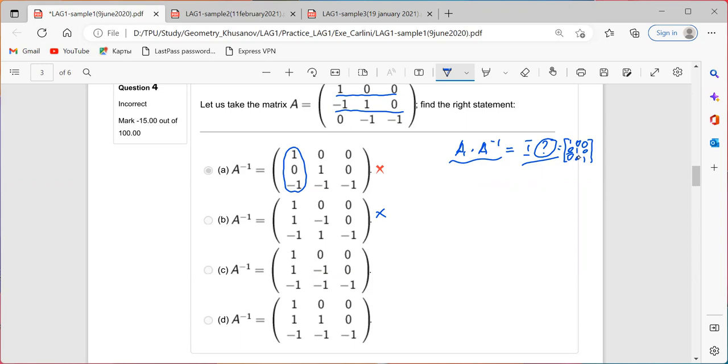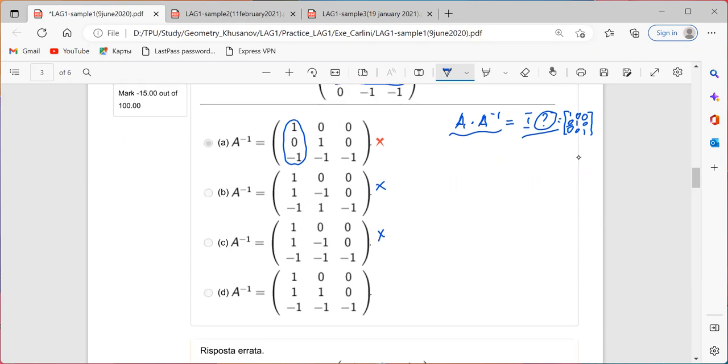Second row, minus 1, 1, 0, multiplying by first column, it will be 0. Okay. Second row, it will be just minus 1 again. So it's not correct. Second row of A multiplied by second column of A minus 1 will be equal to minus 1, which is not correct. So the correct answer will be just D, I think.